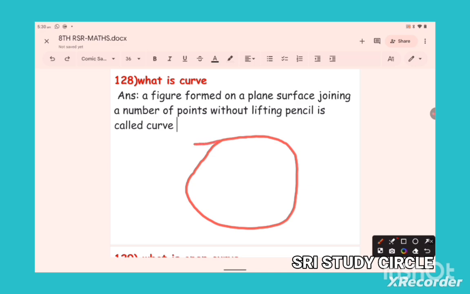So this is known as a curve, drawn without lifting the pencil.